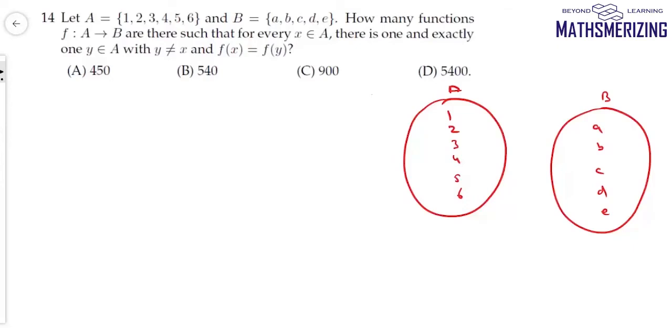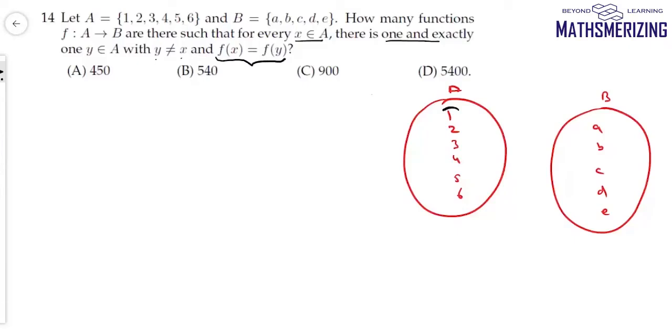Now in question number 14, we are given two sets A and B, and we need to find the number of functions from A to B such that for every x belongs to A, there is one and exactly one y with y unequal to x and f(x) equals f(y). That means for each and every element, there must exist another element such that the value at x is the same as the value at y.